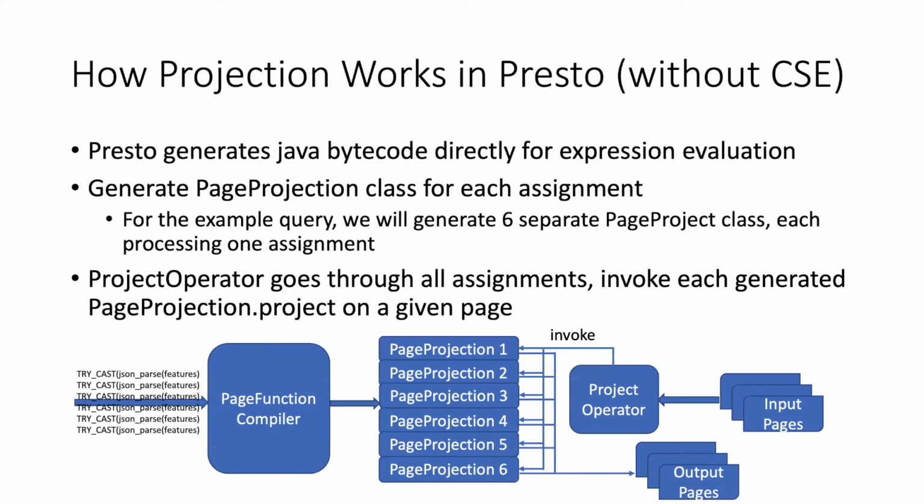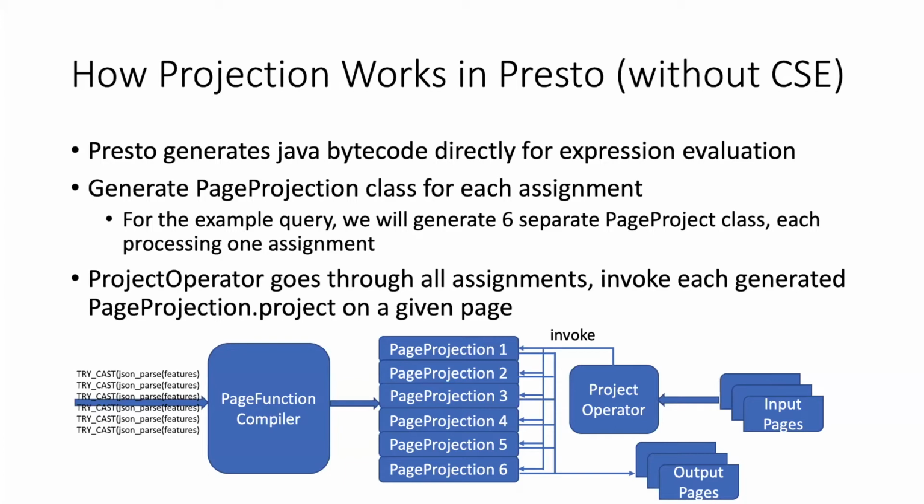So how does it work? First, let's roll back to how projection works in Presto before CSE. There are 2 sides. One is when we are processing the query, there's a class called the page function compiler, which compiles both projection and filter, but we're talking about projection here. The input is a list of projections, in this case 6 try-cast JSON parse features.